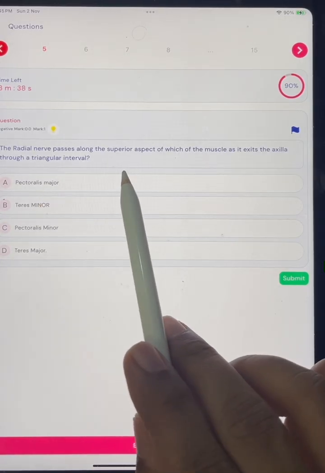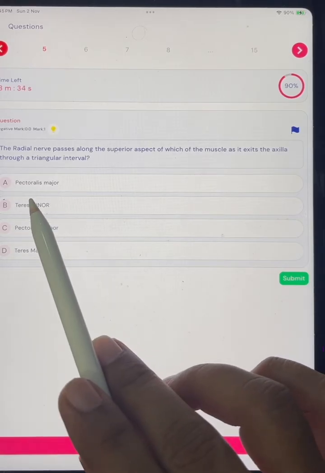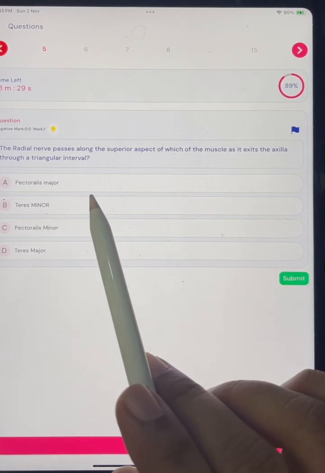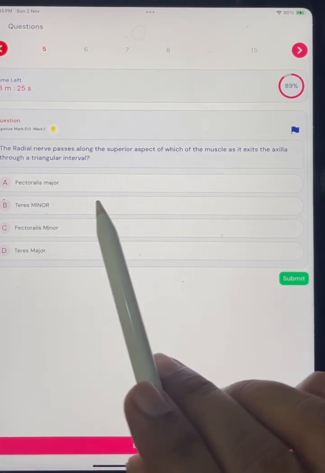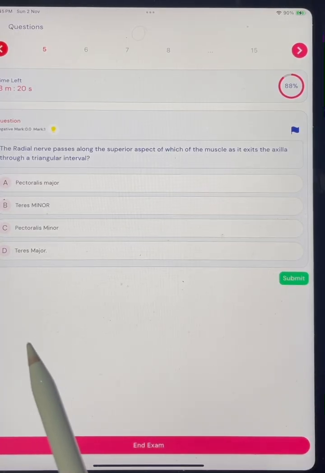The radial nerve passes along the superior aspect of which muscle as it exits the axilla through the triangular interval? Teres major. So this is the triangular space. So teres major.